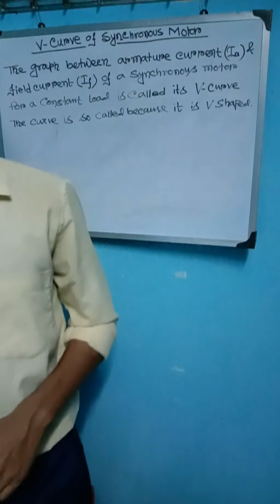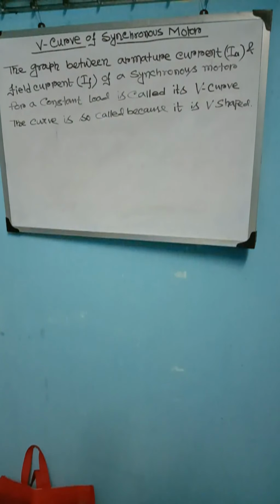So as you can see here, the V curve is a plot of the stator current versus field current for different constant loads, and the graph is plotted between the armature current IA and field current IF at no load.